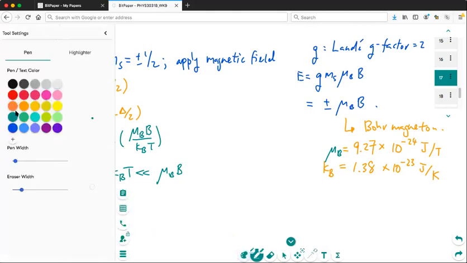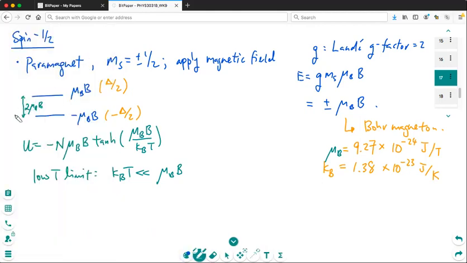Now your thermal energy scale should be compared. If my thermal energy is very small, this is my k_B T, then I really do not have much chance to occupy the high energy level. So in this case, I should expect many spin 1/2 particles to be in the lower energy state. Each one will give me minus mu_B B, so if I have N of them, I will have N times this level.